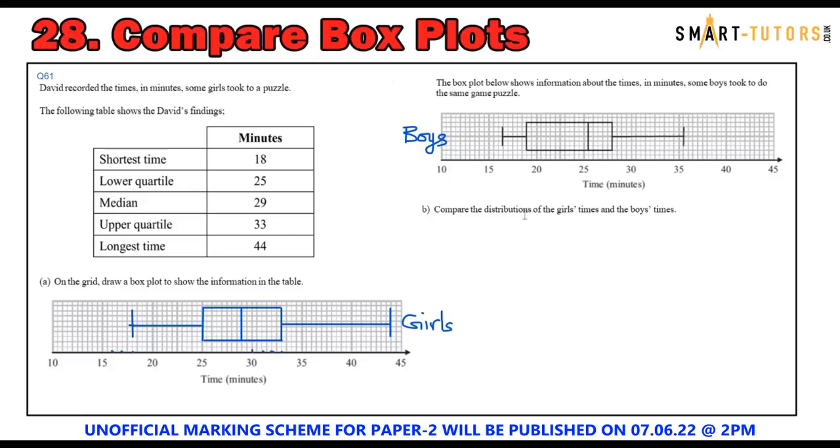So compare the distribution of the girls' time and boys' time. First of all, I'm going to be comparing the median. Median time for girls is 29 minutes, and median time for boys is, you can find out that one, 25.5.